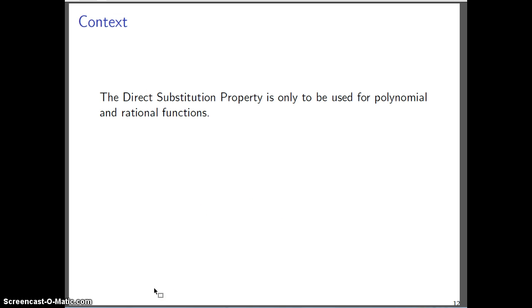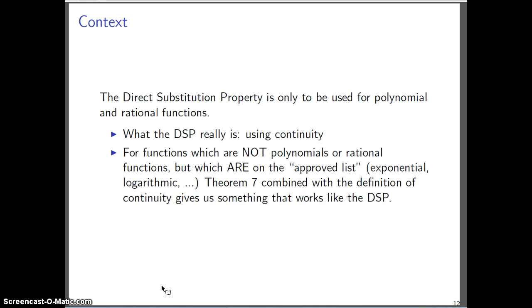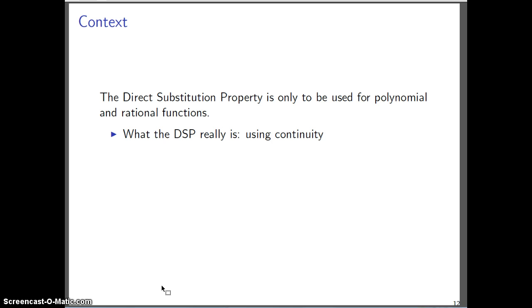Okay, that's it for the examples, and just to provide one slide of context, the direct substitution property is only to be used for polynomial and rational functions, and what the DSP really is, is just using continuity. Theorem 7 says that polynomial and rational functions, among other functions, happen to be continuous. And because they're continuous, you can just replace this limit problem with just evaluating the function.